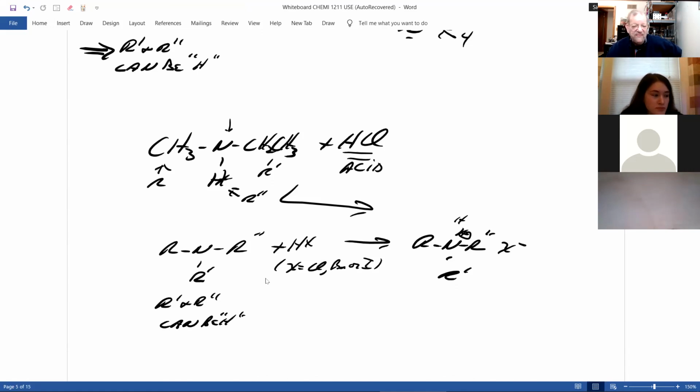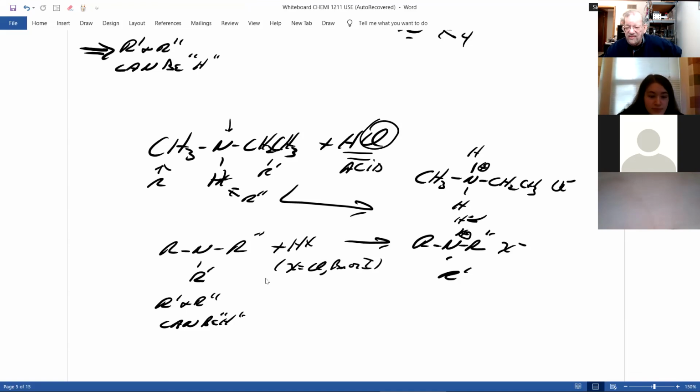So in this case, R, R double prime, or R prime, R double prime, and then I add 1 more hydrogen. And you don't have to show charges, I always will. What's the X? Chloride, Cl minus. And this is bonded to the nitrogen, not to this carbon.